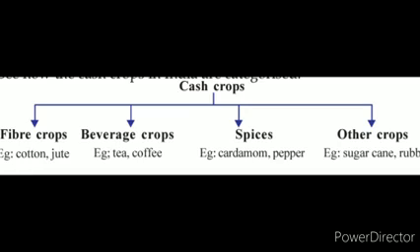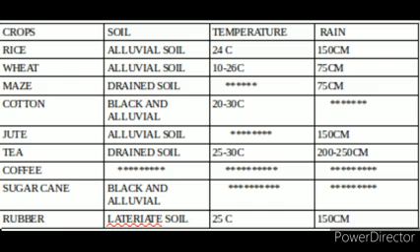All the features or the characteristics of these crops can be written in a table, and you are now watching that table, which gives the details of these agriculture crops.